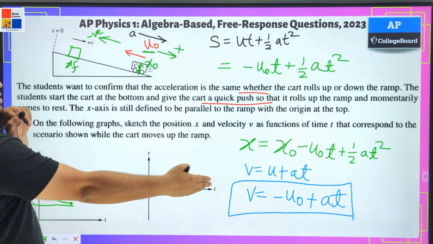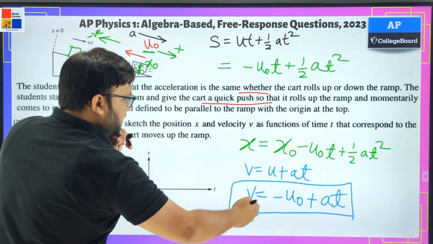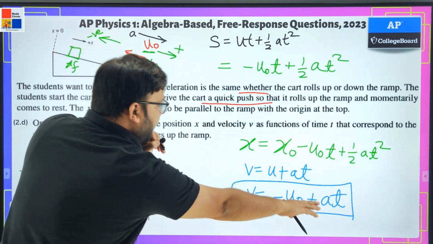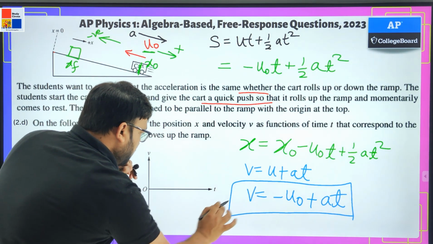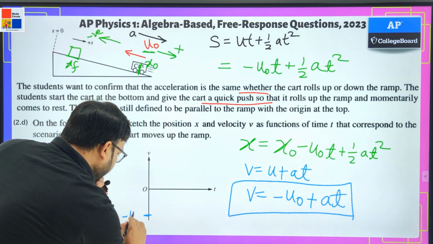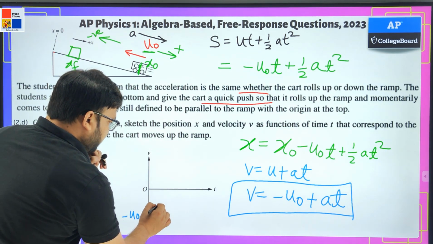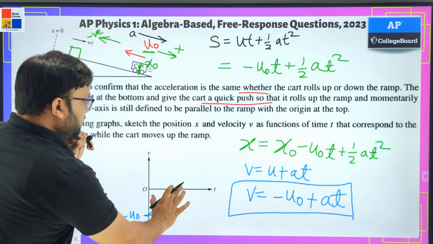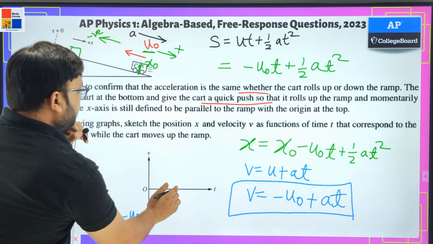This is a straight line in terms of t. a is positive, so the slope is positive. At time t equal to 0, it has to start from negative u naught, this mark. This is a straight line and will be a graph like this. At this point, the velocity is 0 and the cart comes to rest.